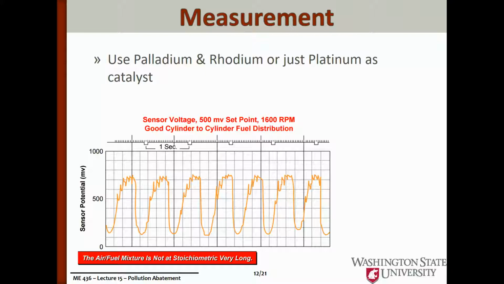So if I were to put that lambda sensor upstream of the catalytic converter, I'm going to see the individual charges of the cylinders as the air pulses through.